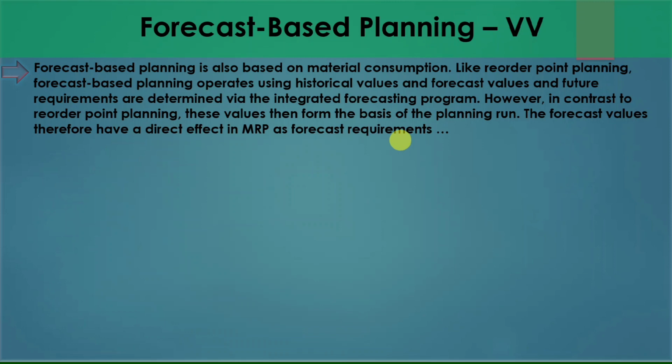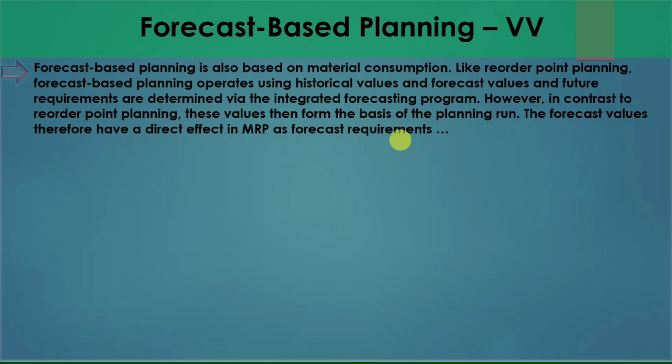Future requirements are determined via the integrated forecasting program. However, in contrast to reorder point planning, these values then form the basis of the planning run. So we'll see all these details.